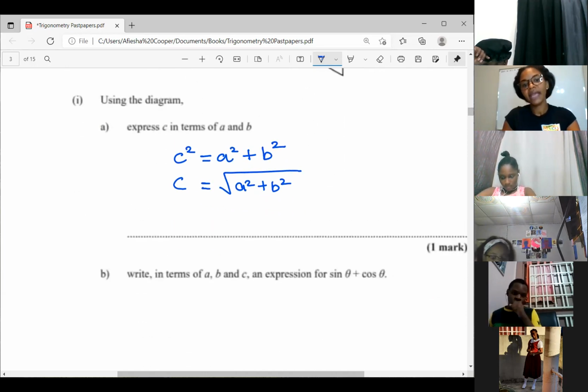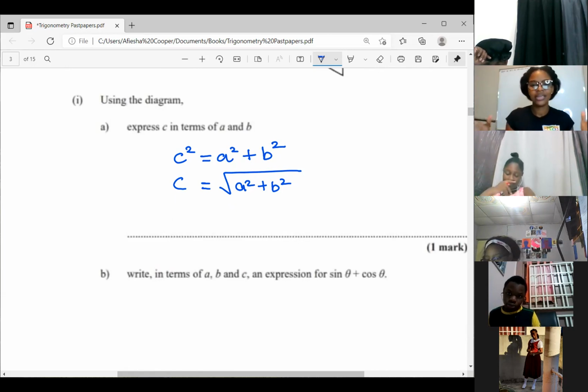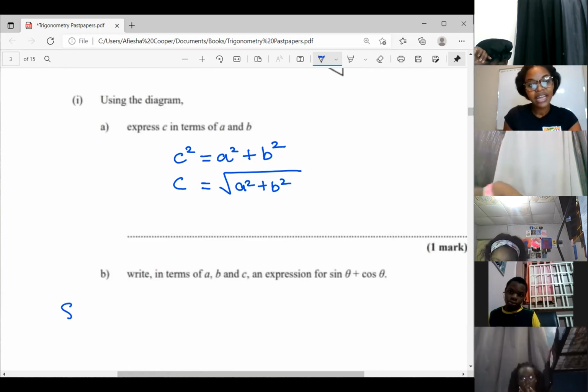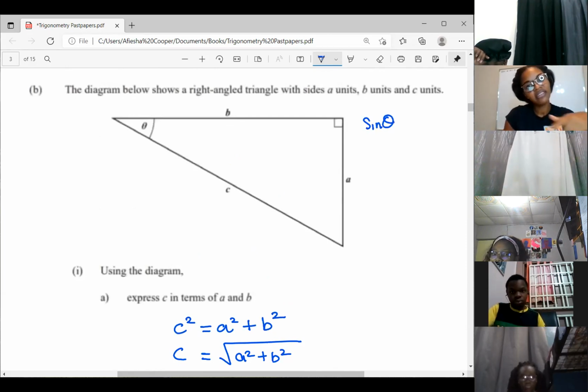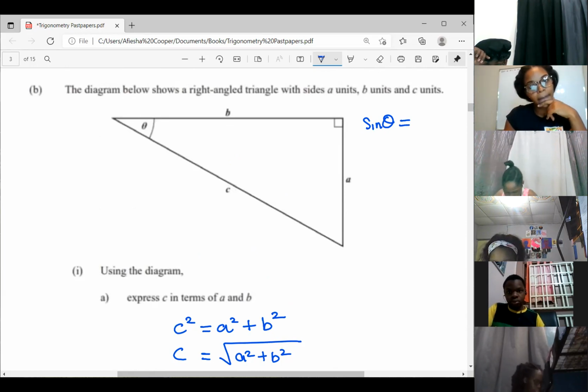Write in terms of A, B, and C an expression for sine theta plus cos theta. So you all saw this and you were like, we are not intimidated because we know sine, we know cosine, right? So what is sine theta? According to the graph, this is theta, right? So sine theta is what?